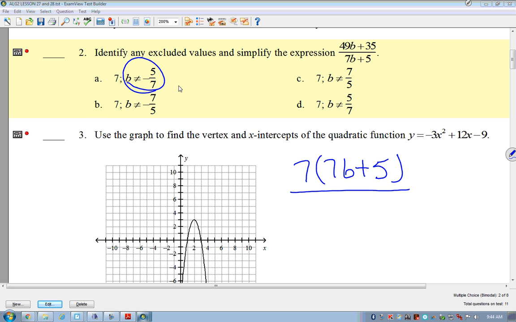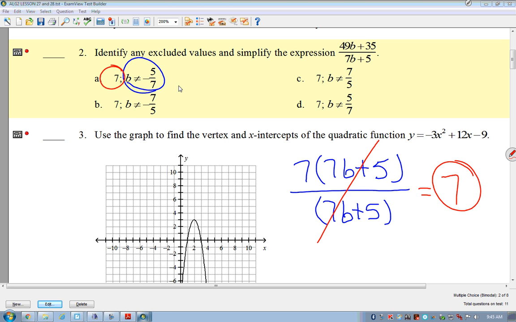And down here, I still have 7b plus 5. What would happen to the 7b plus 5s? They would cancel. So what is the simplified version? 7. So I'm looking for an answer of 7 and the excluded value of negative 5/7. We follow how to do that?